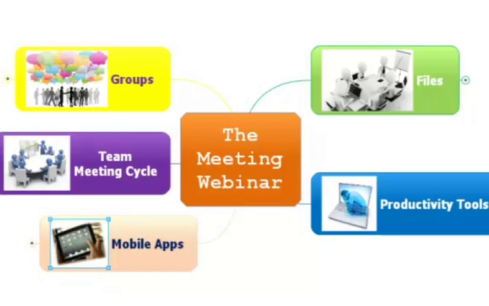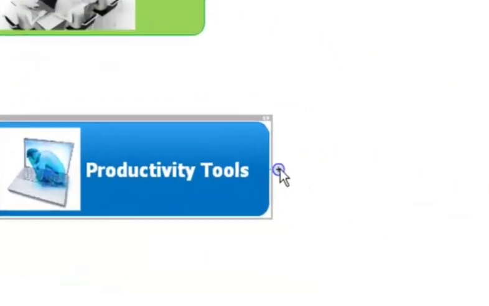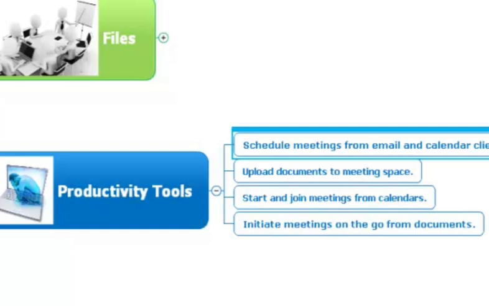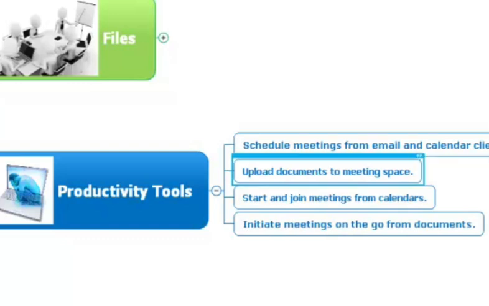Using productivity tools in a webinar situation is a perfect example of really making the best of technology. You already have some kind of email client. You're already using Outlook or some other type of email client, calendar client. When you can schedule a meeting right from that email client, right from your calendar, you're going to be 2 steps ahead of everybody else.